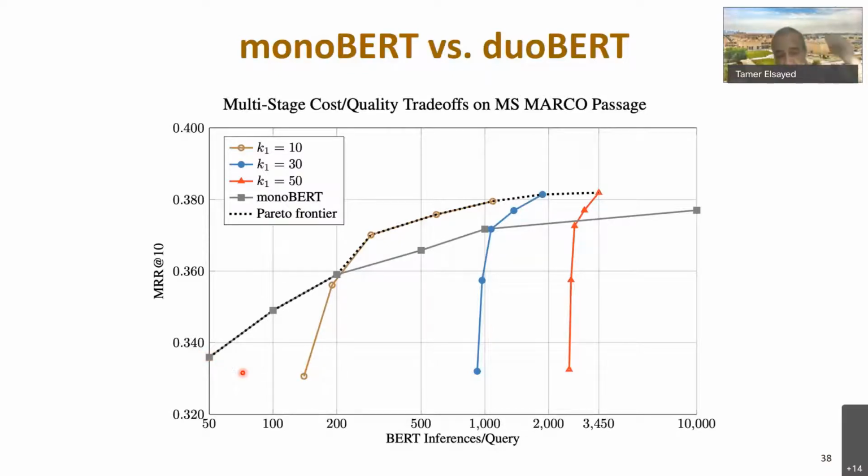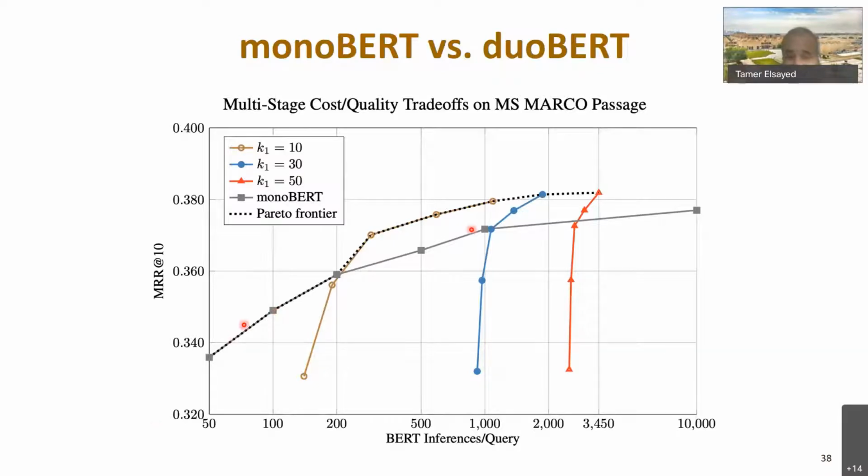But then when we tried mono BERT on a deeper ranked list of 100, we get better, right? Remember this table when we talked about 50, 100, 1000, and 50,000? We said that mono BERT's performance will be increasing until we reach 10,000, and from 10,000 to 50,000 it doesn't increase.